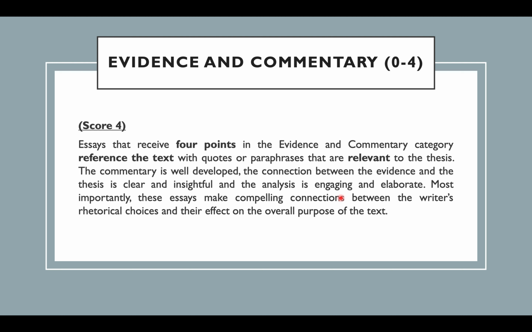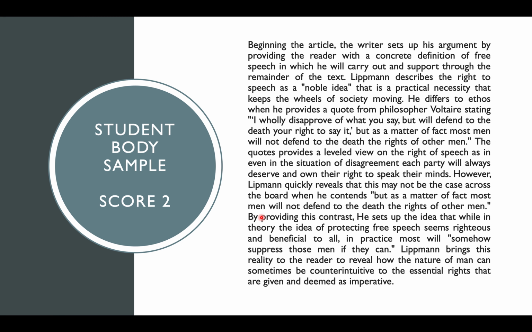It can have minor mistakes, and that's important because minor mistakes that do not impede the reading of the text are not necessarily something to discount points for. These essays make compelling connections between the writer's rhetorical choices and their effect on the overall purpose of the text, and that's important.